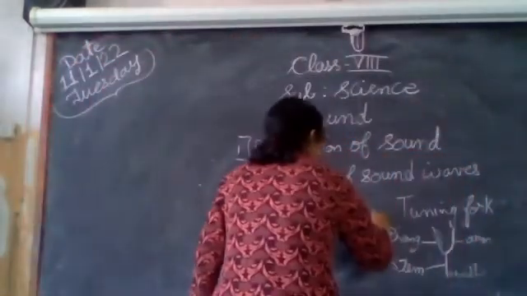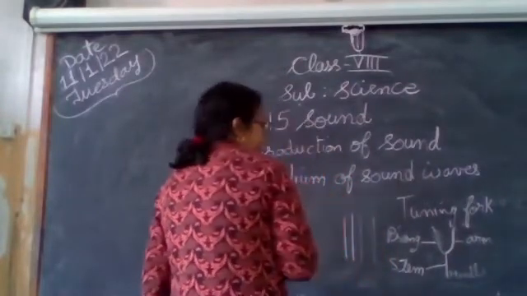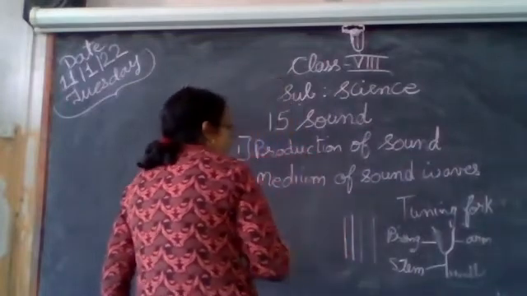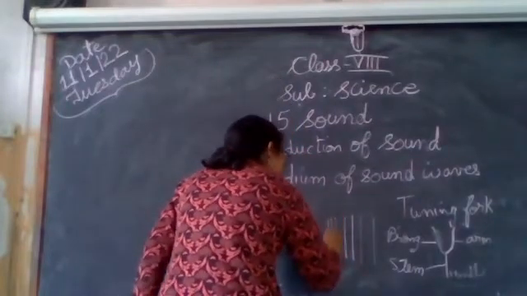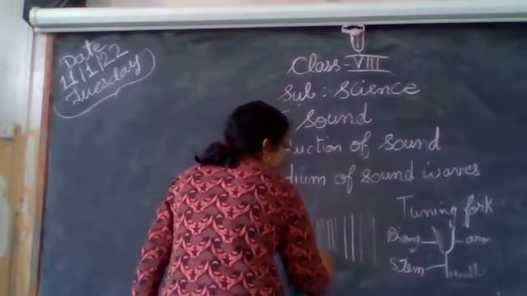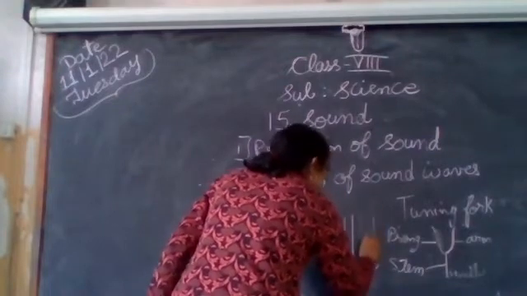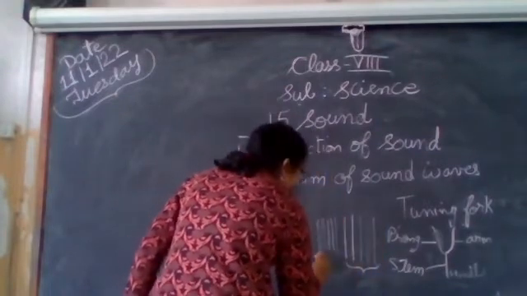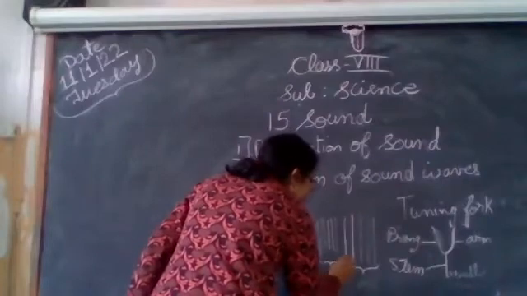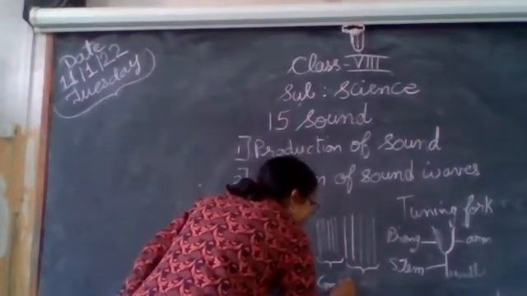You see, when we move near the tuning fork, it will be away, and after that the compression can be felt. So you see, here the waves are a little far away, and here they are much closer to each other. So we can call this a compression.